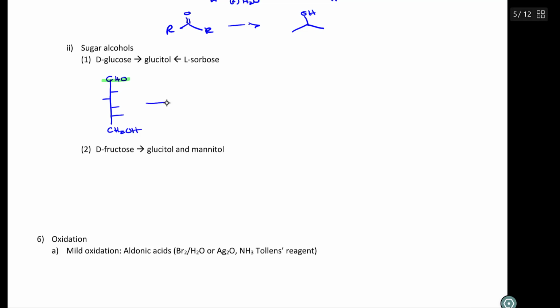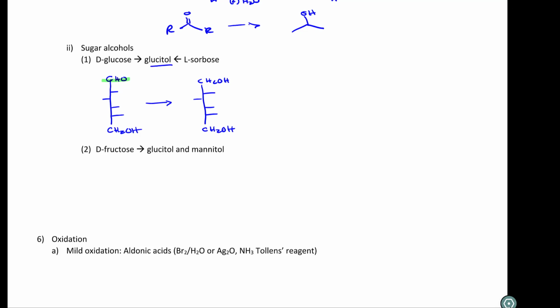And so that'll look like this. So this is CH2OH at the top. So I've reduced the aldehyde to an alcohol. This is what we refer to as glucitol.